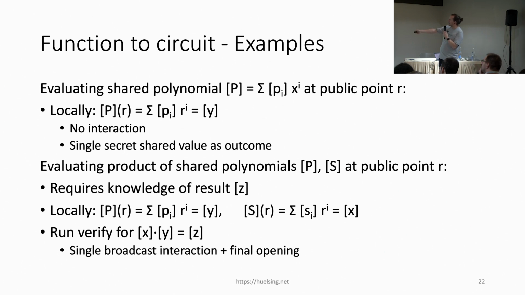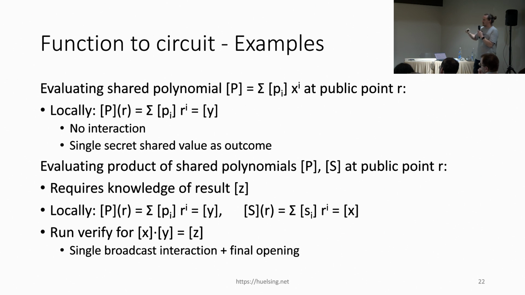Then we can compute these powers of the public value locally. This is just a constant which we can raise to some power. Then we have constant multiplication with the coefficients, and then we're summing local shares, also something that we can do locally. We get a single secret shared value. It doesn't need any interaction, with a single value as outcome.